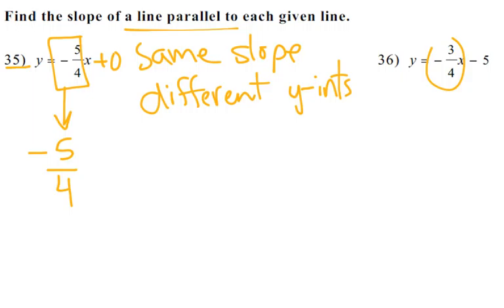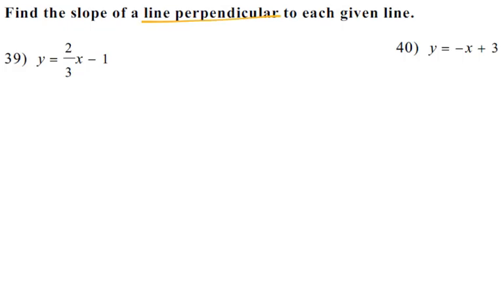Slope of negative 3/4, parallel line slope is negative 3/4. Okay, now perpendicular. Perpendicular are the exact opposite. Okay, these lines are perpendicular. They meet at a 90-degree angle. The slope of one is basically what we'd call the opposite reciprocal of the other.